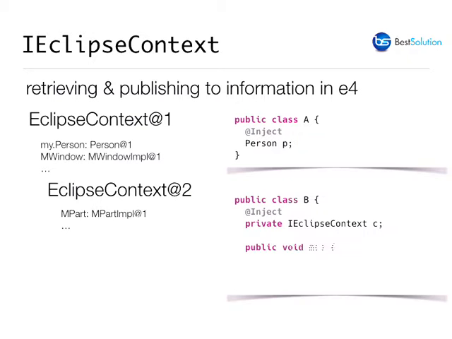The problem starts at the point where you are required to publish something. Probably you have a list of persons, you select someone, and you want to publish this information. Proper Eclipse 4 doesn't give you any support on publishing information unless you reference the IEclipseContext. But that's a very bad idea.